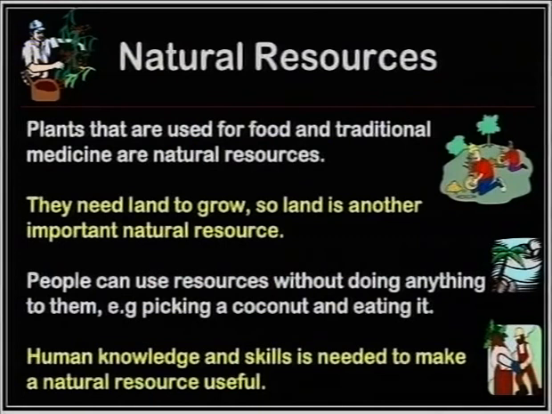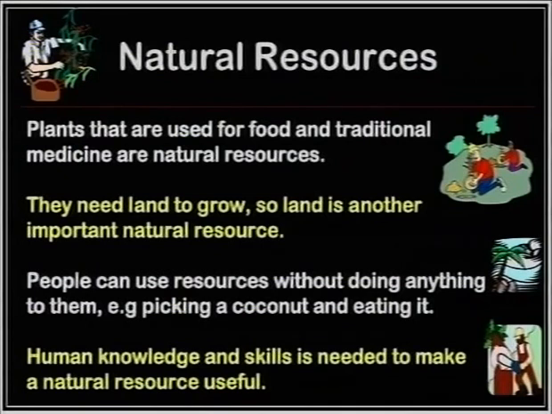We have other examples of natural resources. Plants. All right, what are plants used for? Give me two examples of what plants are used for, or how they're useful. Plants. Any answers?